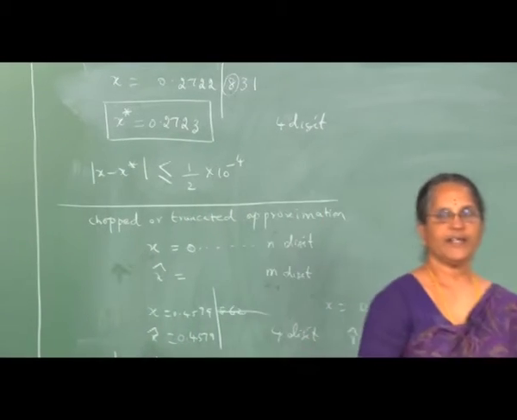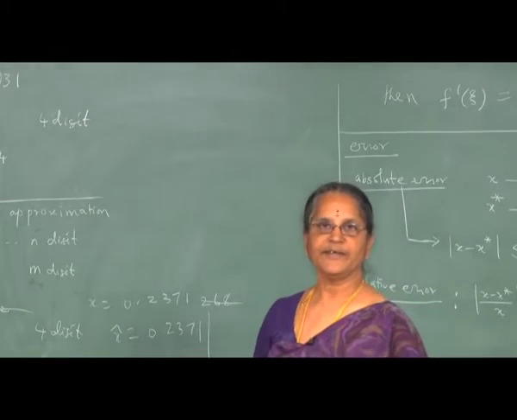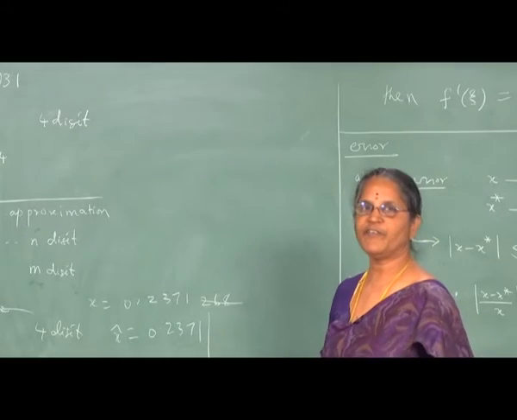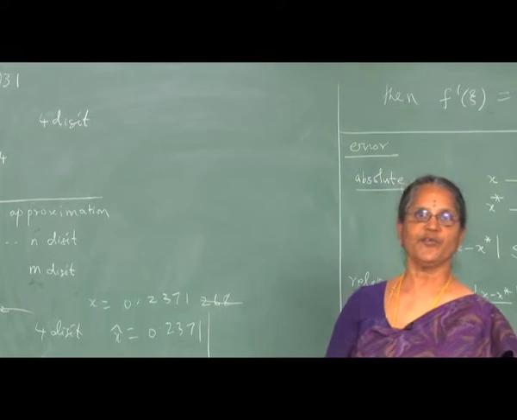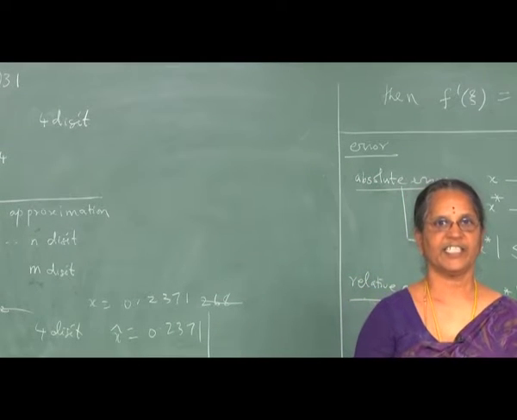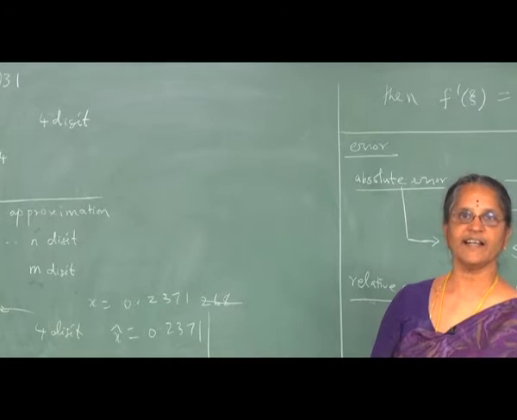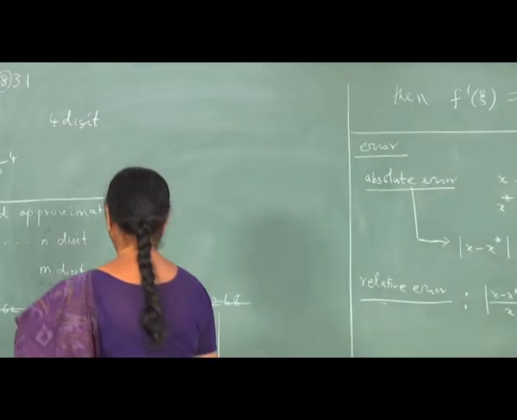Now, you may ask me, why do we have 2 different measures of error? That is a natural question. Isn't it enough if we have a single measure of error, and we make use of this definition of error and then see how we can control this error after computing it at each step of our computation?